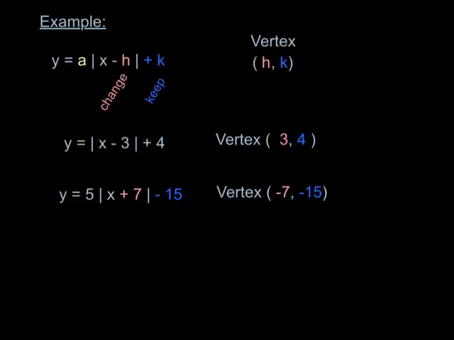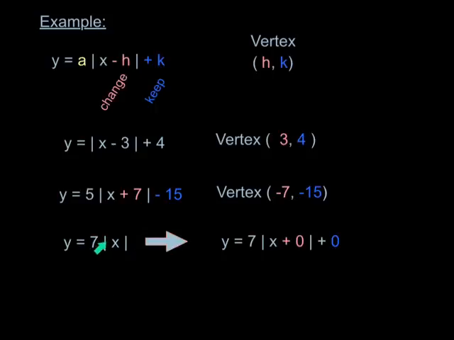I'm going to do one more example. This equation has the a, and you can see that there's no h and there's no k. So I'm going to rewrite this equation so that you can see there's actually a number here after the x and there's a number outside for the h and for the k.